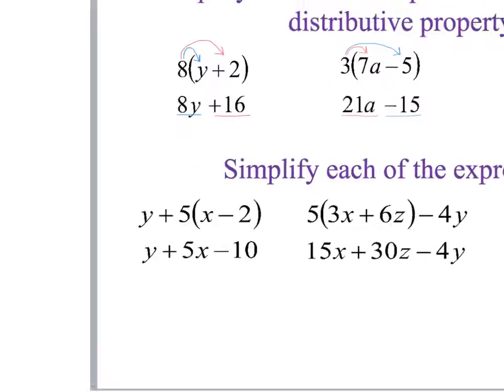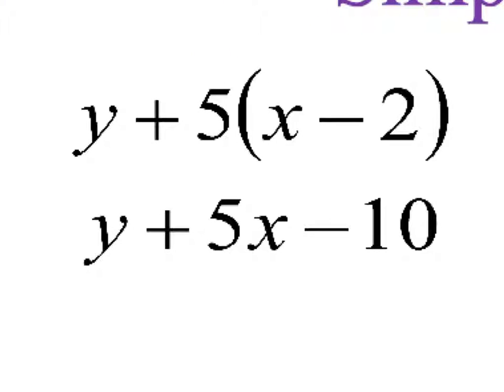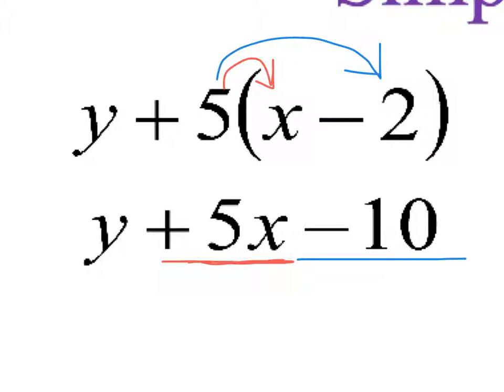This next thing is going to ask us to simplify each of the expressions. So when we are simplifying, the first thing that we need to do is distribute. So we are going to distribute first. That positive 5x, or 5 times x, gives us plus 5x right here. And 5 times negative 2 is going to give us this negative 10 right here as well.